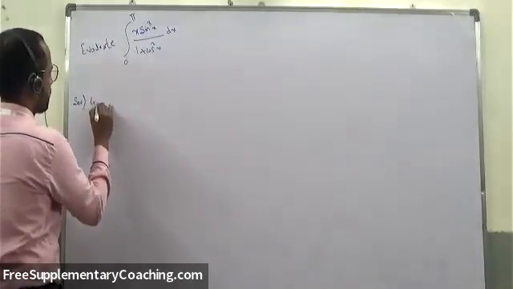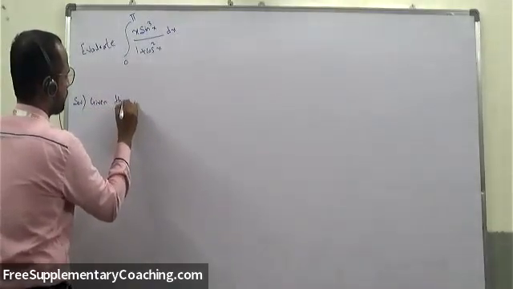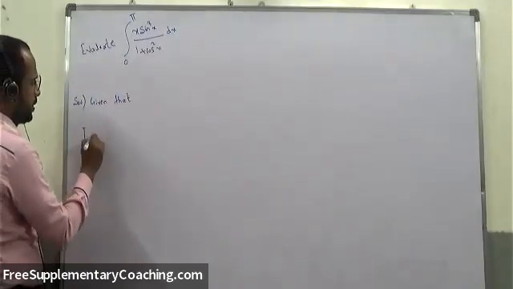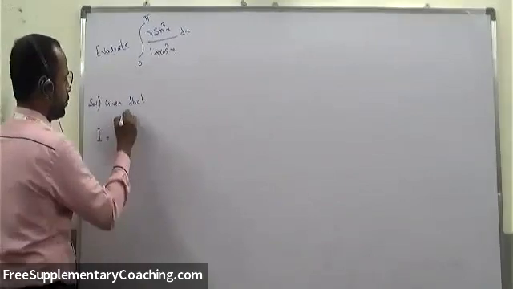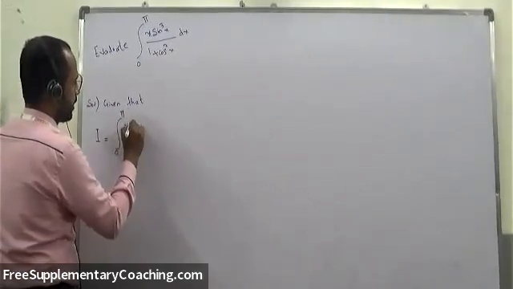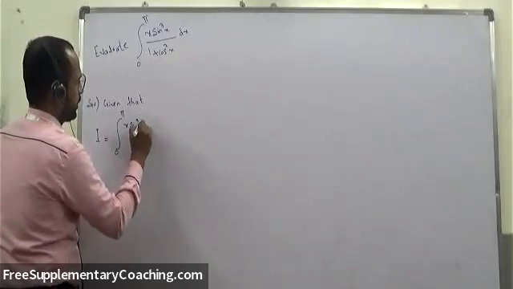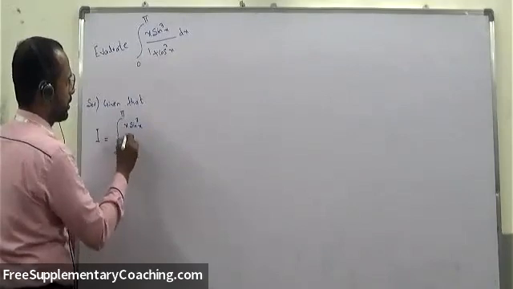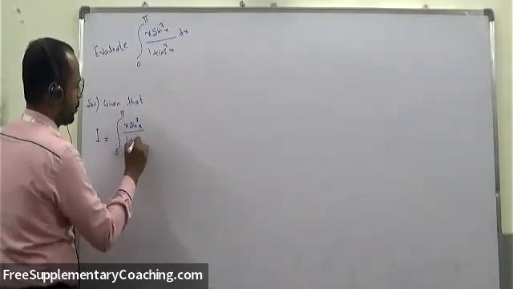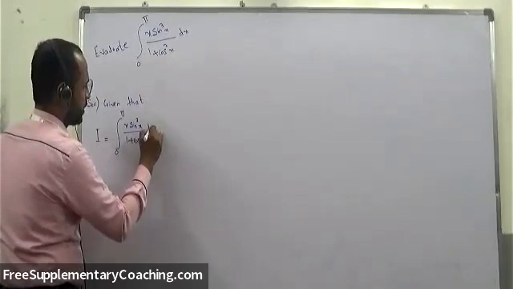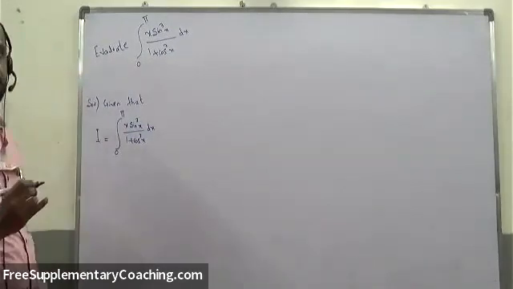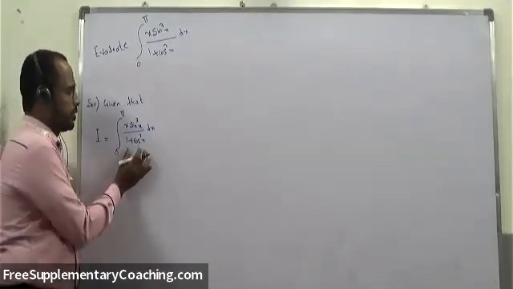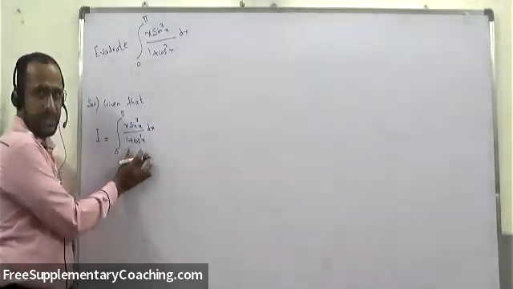Given that I is equal to 0 to pi x sine cube x divided by 1 plus cos square x into dx. This is given to us. First, I'm applying the King's rule to this integral.